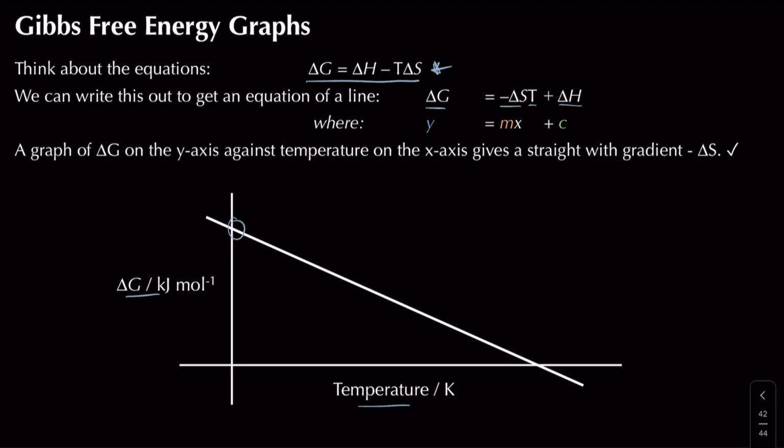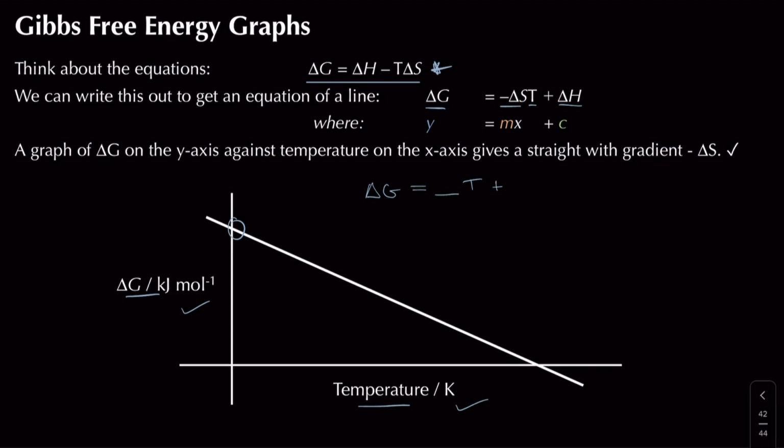Now how would you go from this equation and actually figure out the equation of a line? Well, I would say I've got delta G here, and that's going to be equal to, because that's my y value, y equals mx plus c, my gradient times my temperature, which we know is the x value over here. So I've got my x and y value here, and then I've got that added to something.